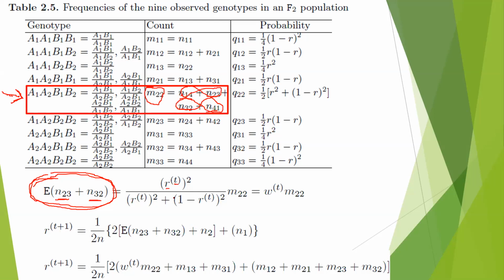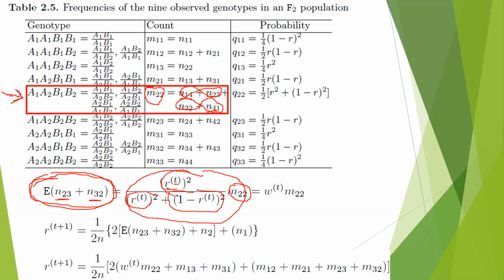Now, this number is observable, so this is the data we have, right? And if we knew the realized R value at time t, can we use this to calculate the expectation of these two? Yes, we can, because this represents the recombination part, and this represents the parental type, and the sum represents the total of this M22.